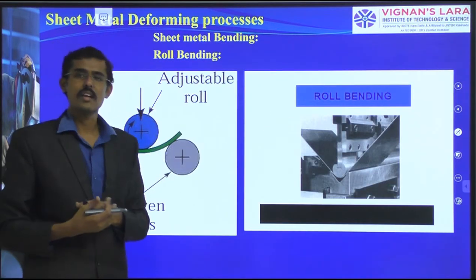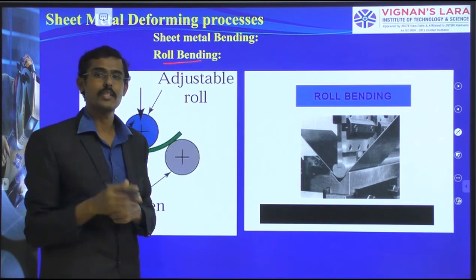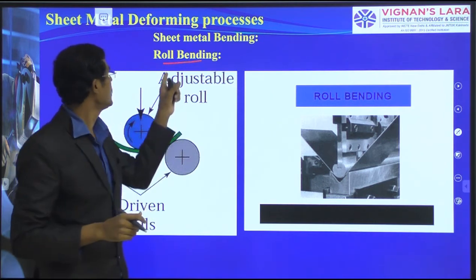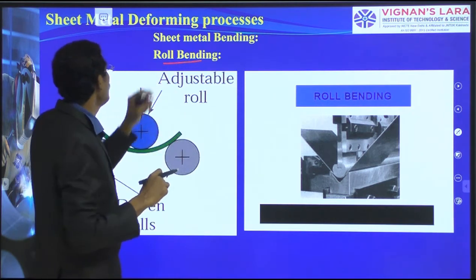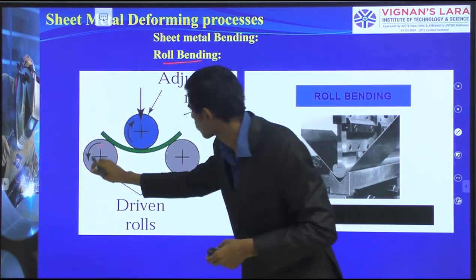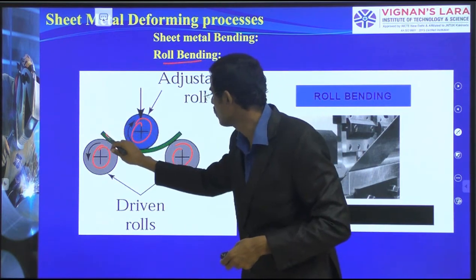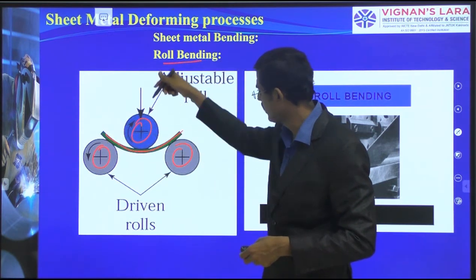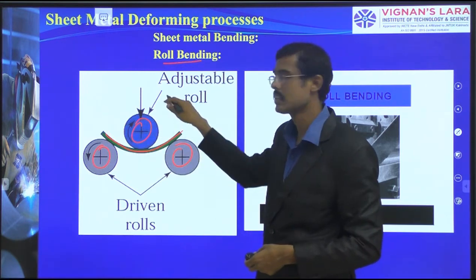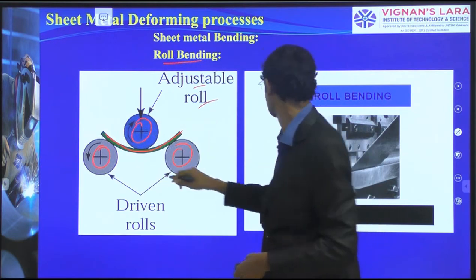So a few more are there. Roll bending. We have seen the V bending operations where the die is V-shaped. Here it is a simple change. Roll bending. Here the die is a roller, and we have the roll, and we have kept this specimen here and it is going to bend. These are called driven rollers. Freely it can be adjusted, adjustable rollers, where I have to keep the specimen and stressing pressures are applied.